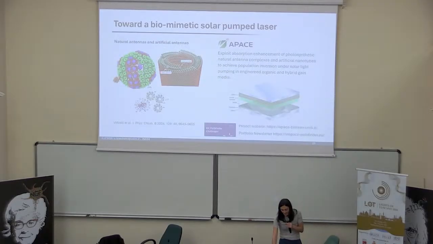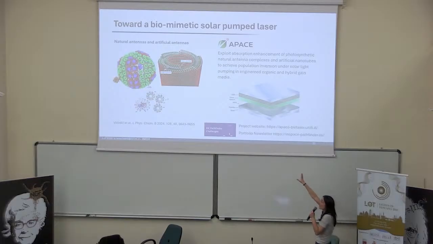And so here there is a zoom on the natural antennas, but also the artificial ones. We are also studying artificial antenna systems that are inspired by the natural ones. In particular, on the right we are looking at a nanotube of cyanine dyes, again a laser dye, that in water creates a beautiful nanotubular architecture.